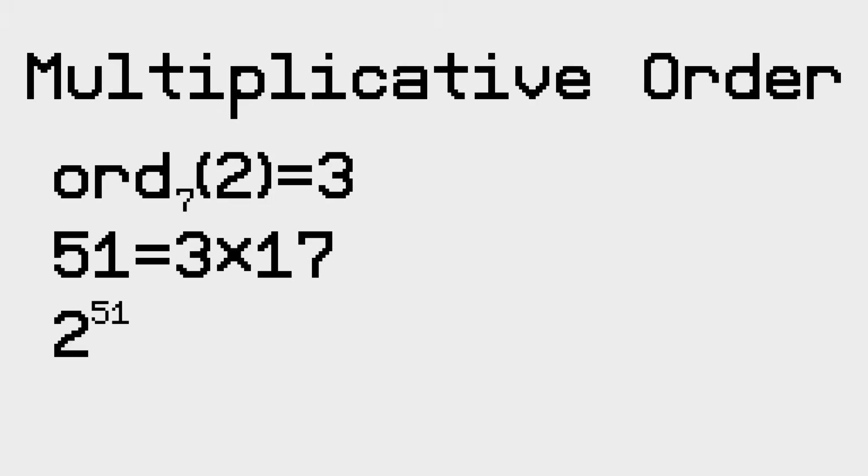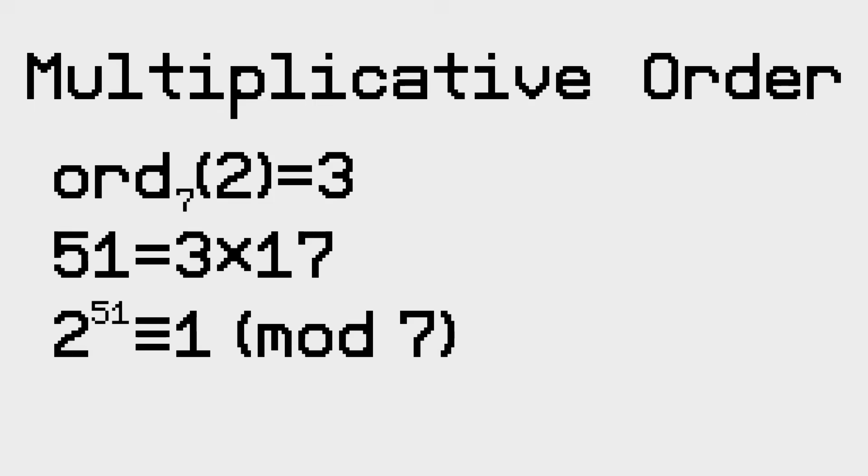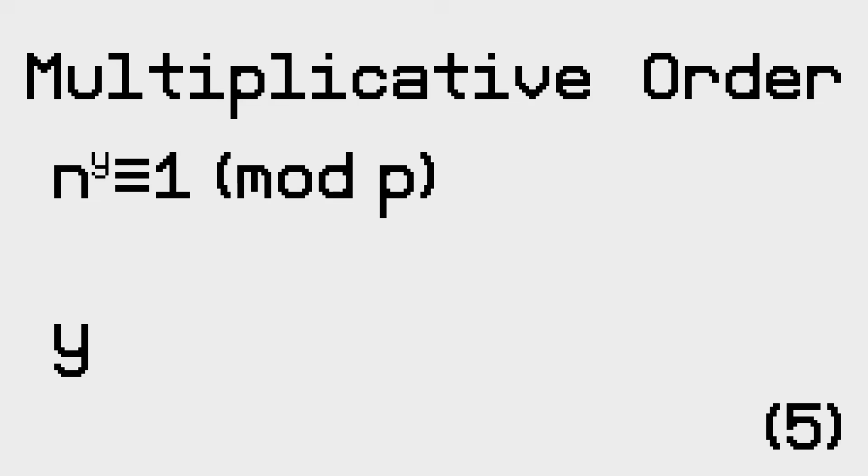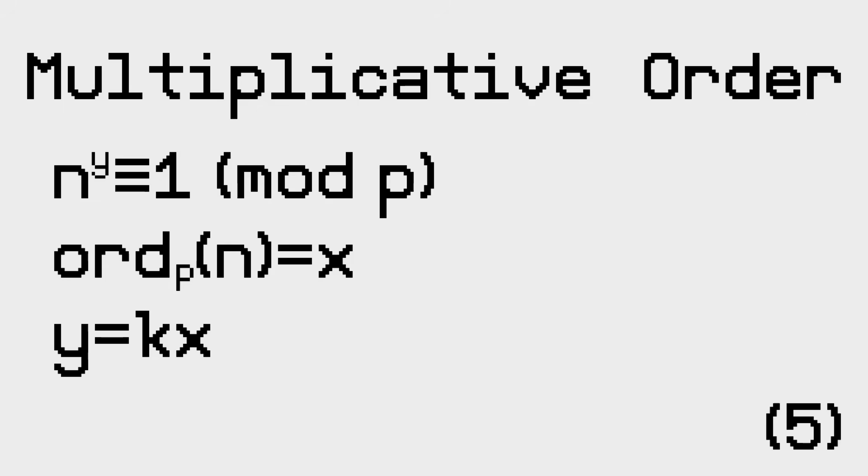If you noticed, 51 is 3 times 17. Since 51 is a multiple of 3, and 3 is the order of 2 mod 7, 2 to the power of 51 has a residue of 1 mod 7. Conversely, if you have some integer y such that n to the power of y is congruent to 1 mod p, then y has to be a multiple of the order x.